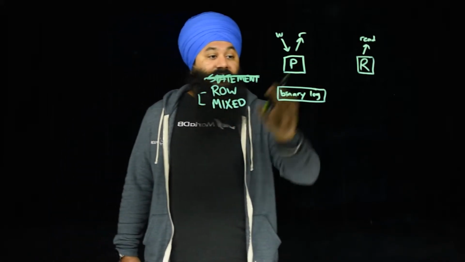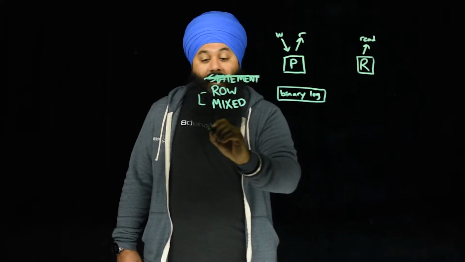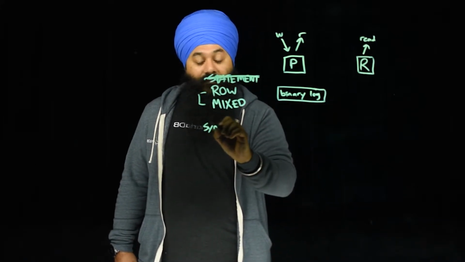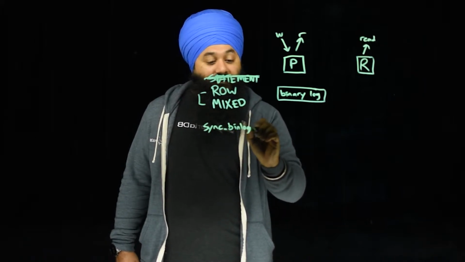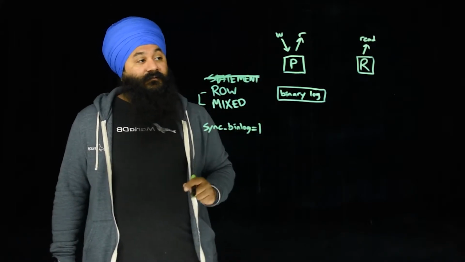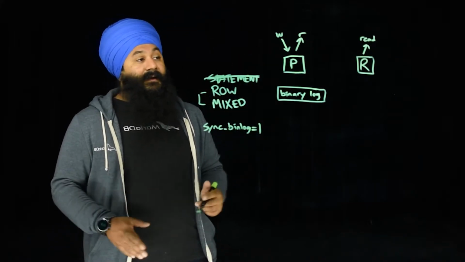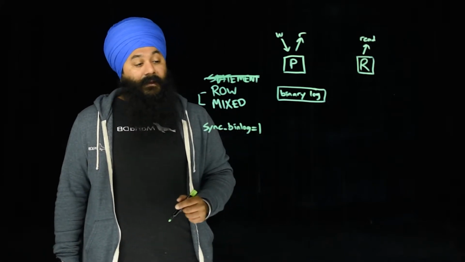So this data gets written basically as applied on the primary to the binary log. And this happens based on an interval set by sync binlog. Sync binlog equals 1 means that when any transaction is written and committed on the primary, it is immediately written and committed to the binary log.